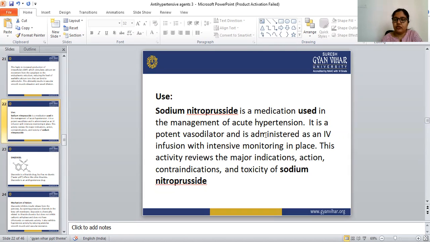This actively reviews the major indication, contraindication and toxicity of sodium nitroprusside. So we use sodium nitroprusside in the management of acute hypertension, and it is given by the IV route.